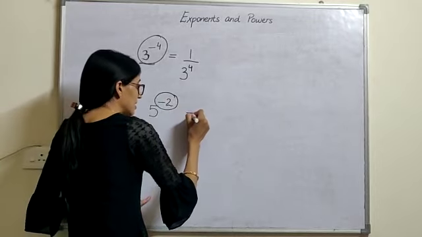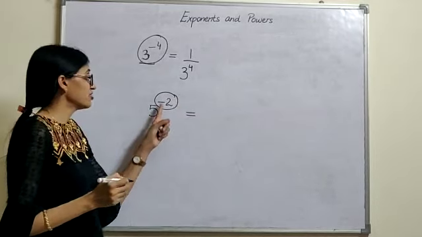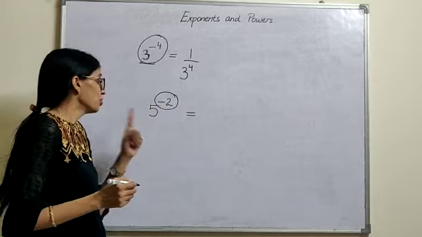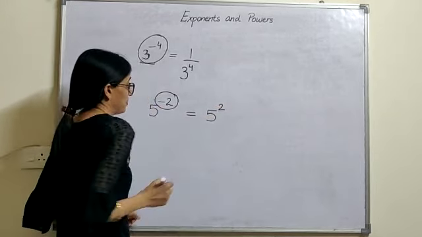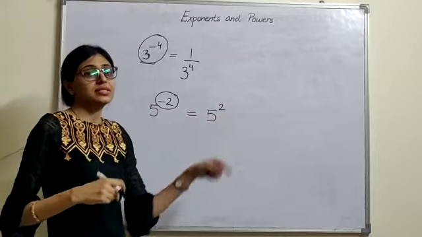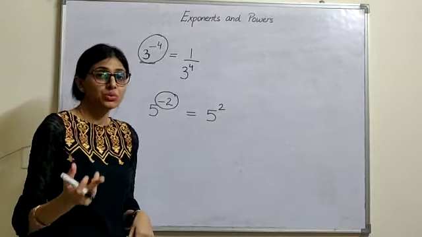For example, there it is 5 raised to power minus 2. So what you will do? Change the sign of the power. 5 raised to power 2, this is the multiplicative inverse.